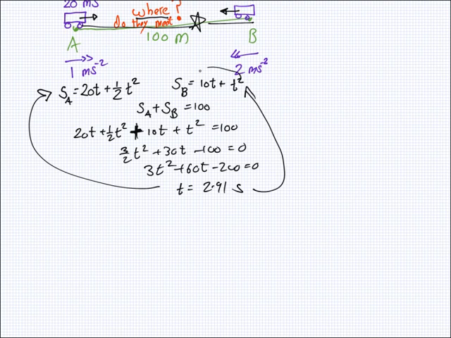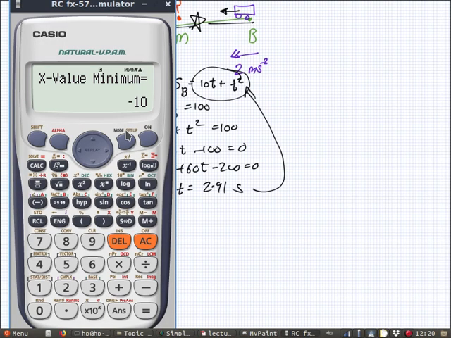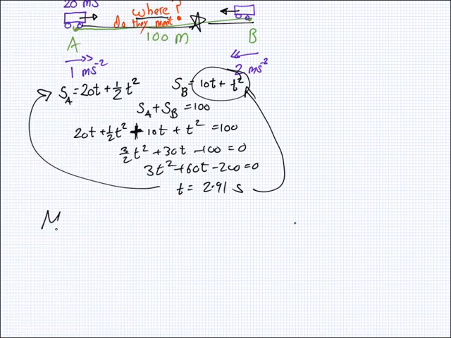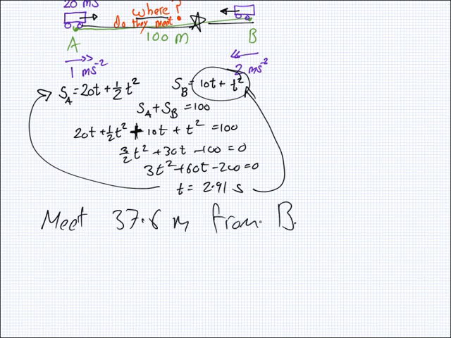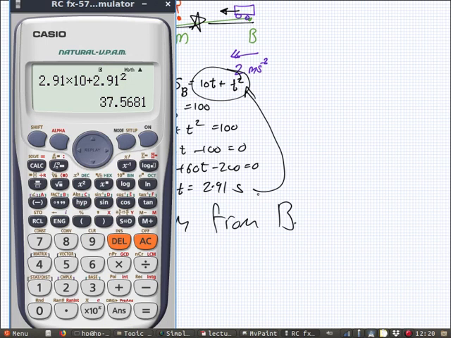So if I put it into this one, what do I get? 37.6 meters. So they meet 37.6 meters from B. Or you could say it the other way around: 100 minus 37.6.